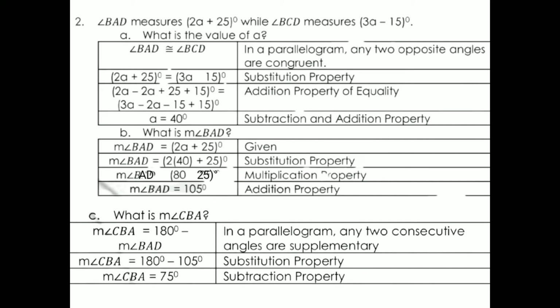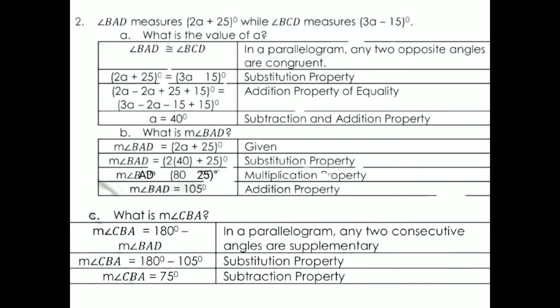So angle CBA, since siya ay part noong supplementary angle, yung minus lang natin yung angle BAD into 180 kasi nga supplement sila. So kumbaga pag pinag-add natin yung CBA at saka yung BAD is equal to 180. Since ang hinahanap natin is angle CBA, we just have to minus it to 180 to get the value of CBA.